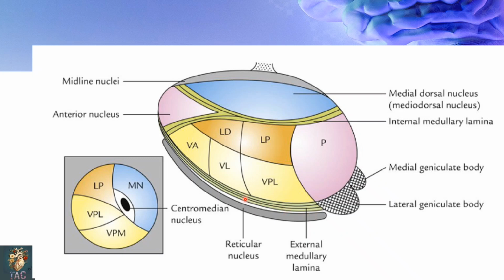In this location you can also appreciate the external medullary lamina which is the white matter tract, and then are the reticular nuclei. Some nuclear groups are also present in the internal medullary lamina, and of these the most important are the centromedian nuclear group and the parafascicular nuclear group which are present in the internal medullary lamina.